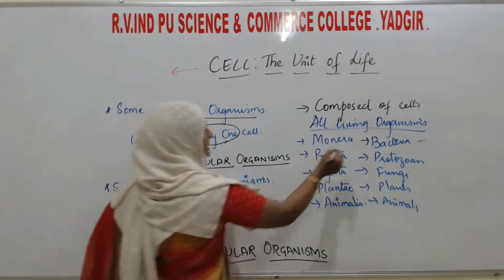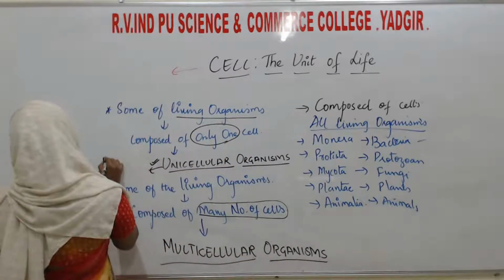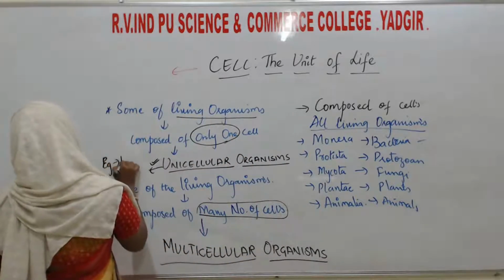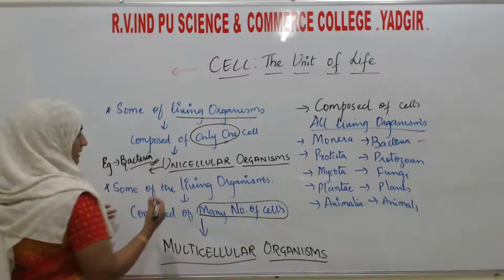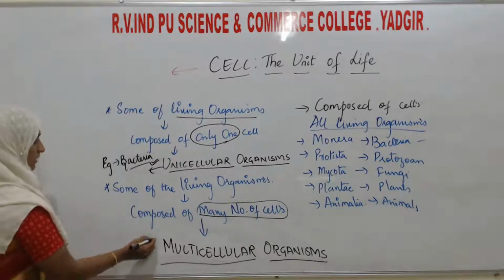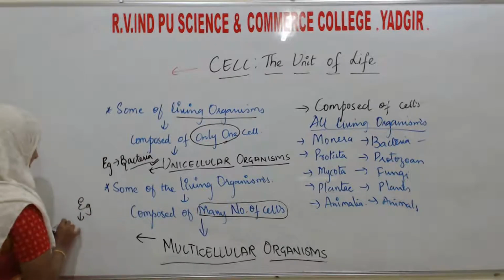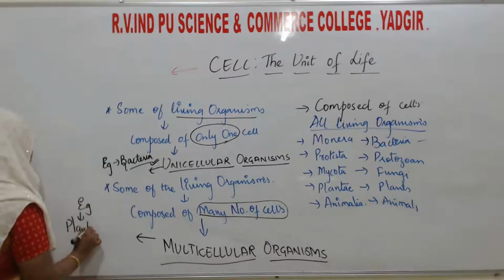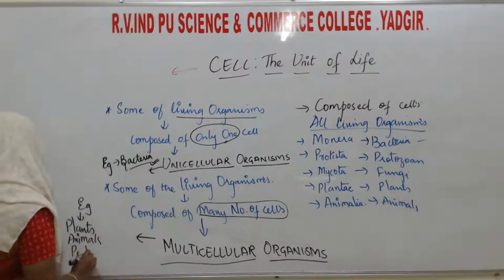Example for unicellular: bacteria. All the bacteria will be unicellular. And what are the examples of multicellular organisms? Plants, animals, protozoans.